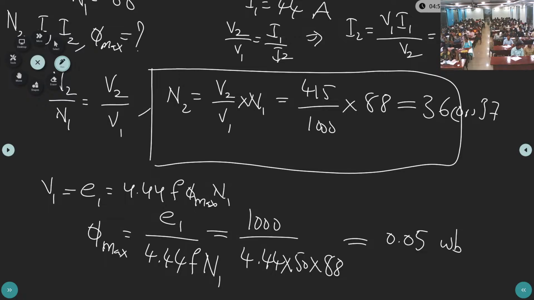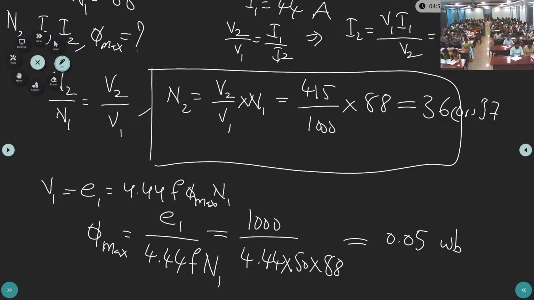So this is the way of doing the problem. Kindly remember the two formulas. One is E1 is equal to 4.44 F phi max N1, and E2 is equal to 4.44 F phi max N2. The other one is V2 by V1 is equal to E2 by E1 is equal to I1 by I2 is equal to N2 by N1.